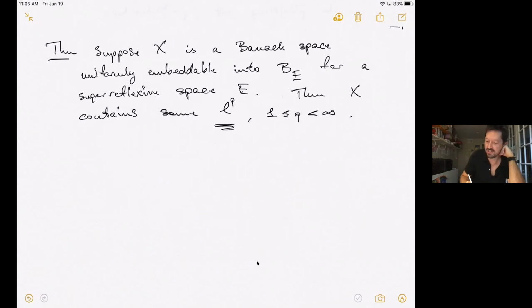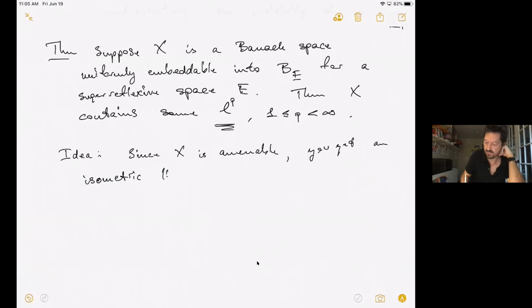Well, the idea is that since X is amenable, you get an isometric linear action of X on some E superstable, super reflexive.